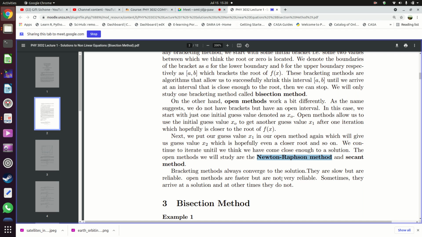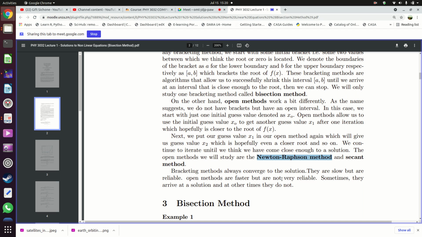If you're using Python and other things, it will almost be instant, you just get the answer. So you will not really notice. But in reality, bracketing methods are always slower than their counterparts. A bracketing method will always give you a solution, but they tend to be slow.